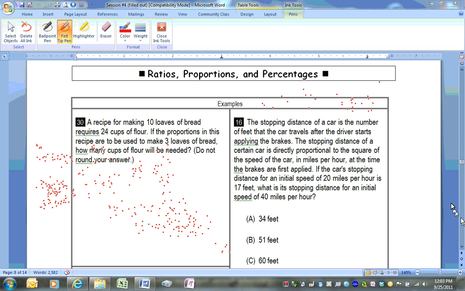Now let me ask you this. Do you guys remember the formula for direct proportion? y equals kx. But in this case, we're going to say y equals kx squared. Or, using variables more in line with what we're trying to do, the distance equals k times s squared.